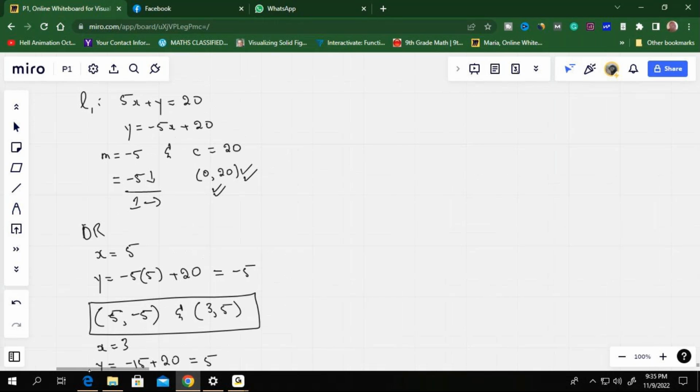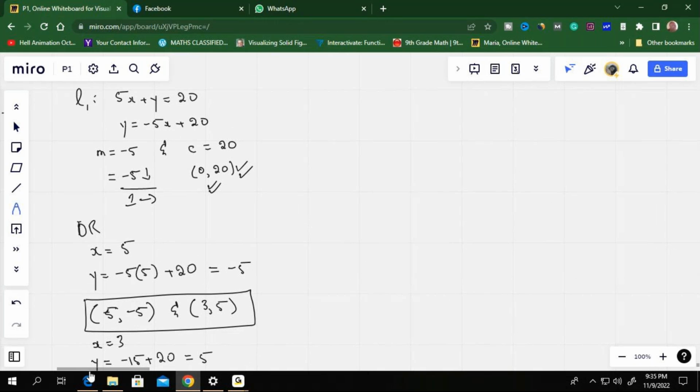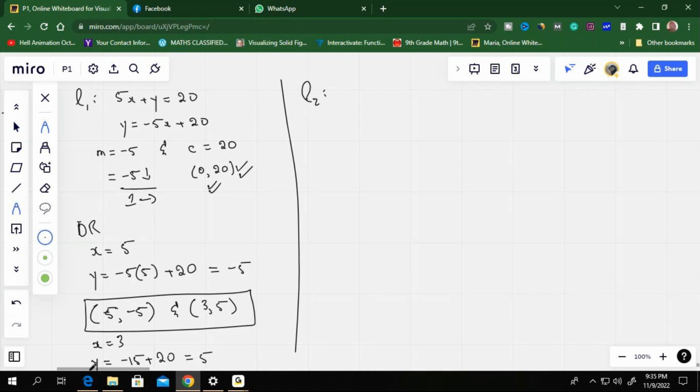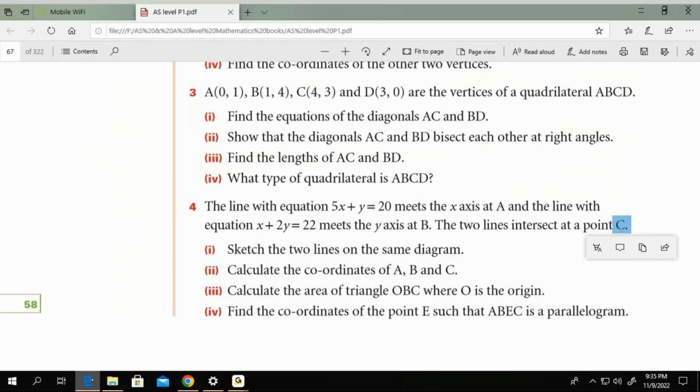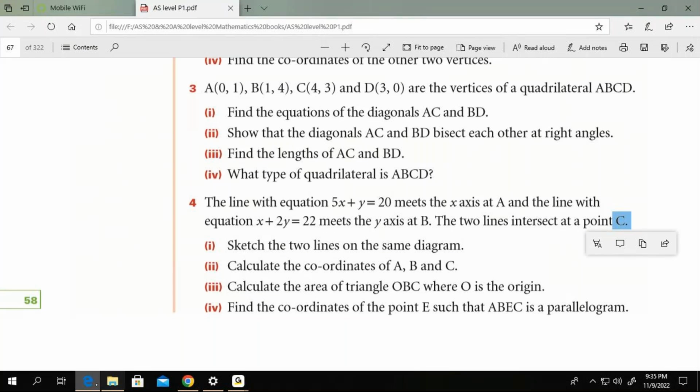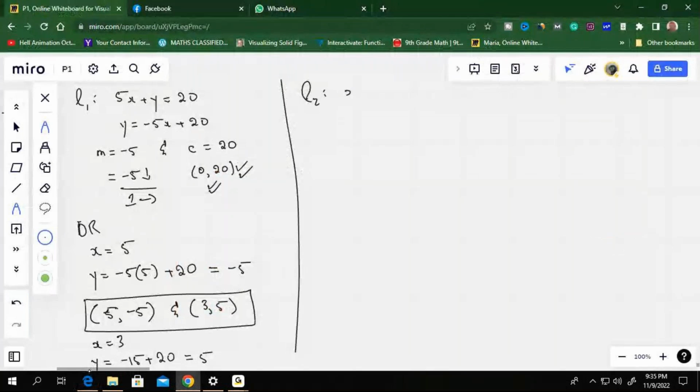And then I go to my L2. What is my L2? My L2 is x plus 2y equals 22. So 2y equals minus x plus 22, so y is coming out to be minus half x plus 11.